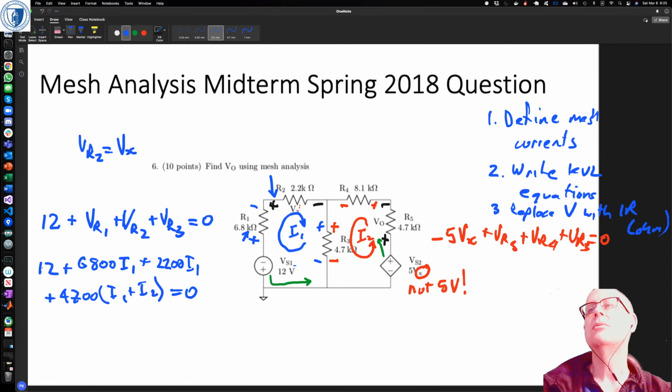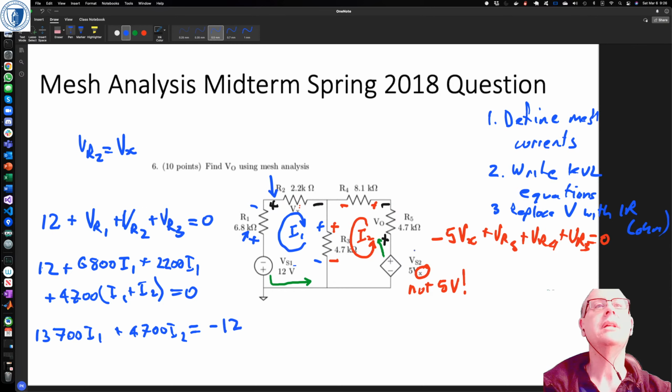And then we can sort of write that out, so that's 6800 plus 2200 plus 4700, which is 13,700 I1 plus 4,700 I2 equals minus 12, right? Because we've got to take the 12 over to the other side.